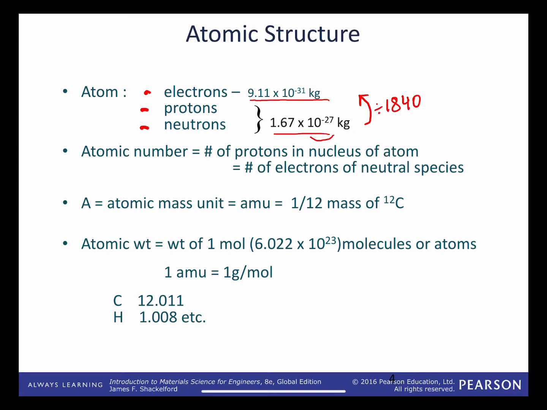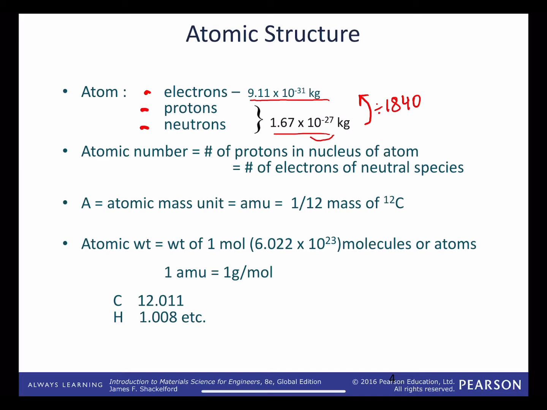Okay. Next, we have the atomic number. So this is indicated by the order in which the element appears on the periodic table. And this number indicates the number of protons in the nucleus of that atom. Okay, so carbon, for example, is the 6th element in the periodic table, and so we'd expect it to have 6 protons.